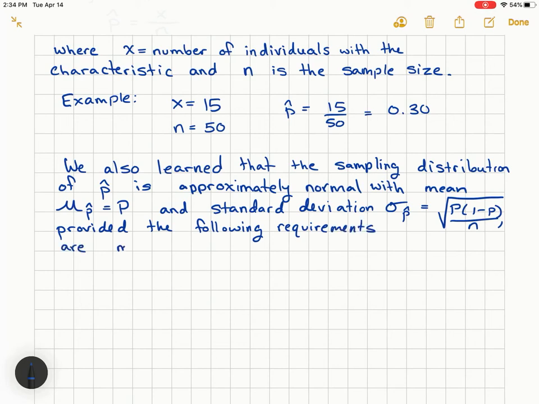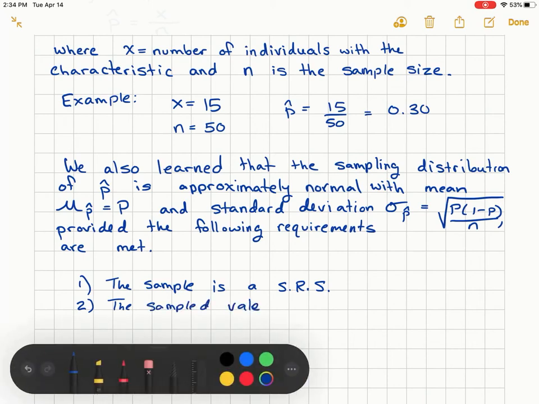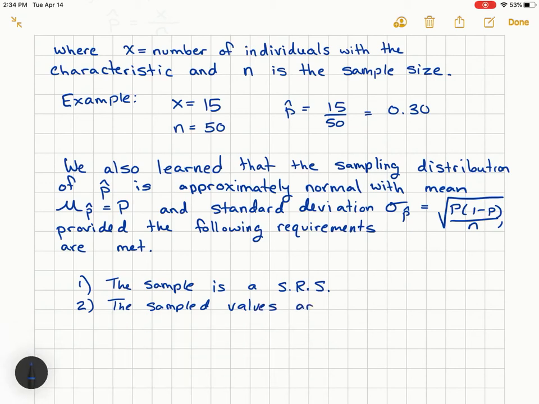So the first one we learned was the sample is a simple random sample, or comes from a random experiment. 2, the sampled values are independent of each other.